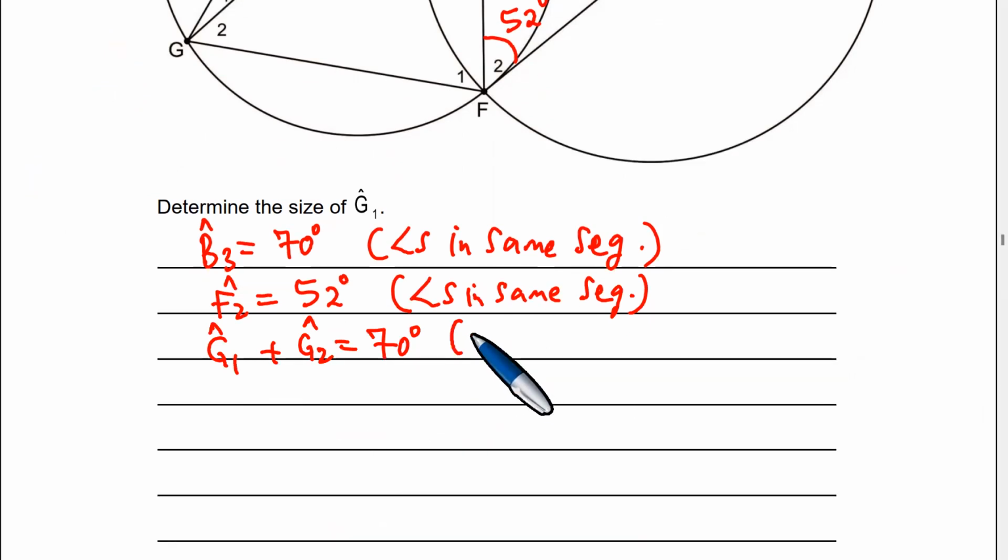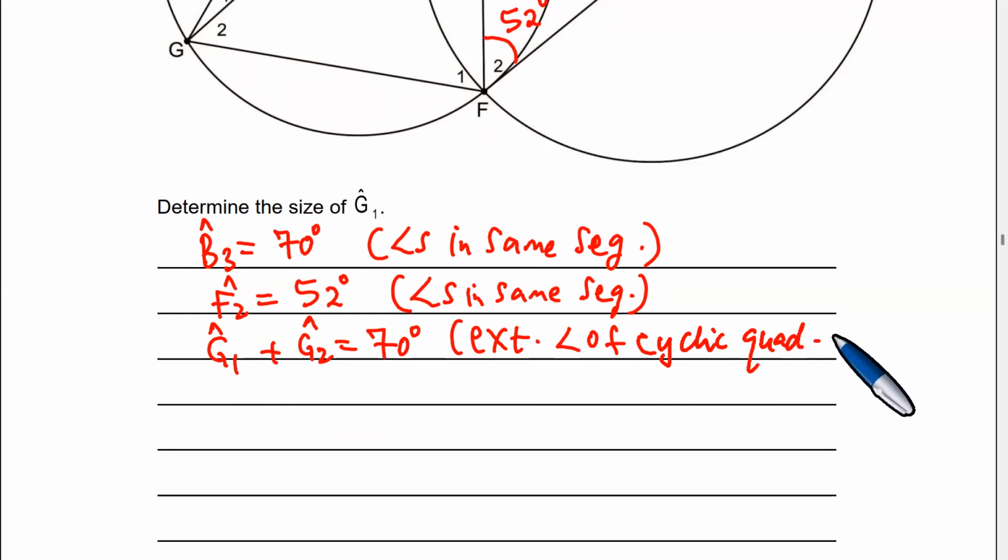Because these are exterior. The exterior angle of a cyclic quad equals the interior opposite angle. Full stop.